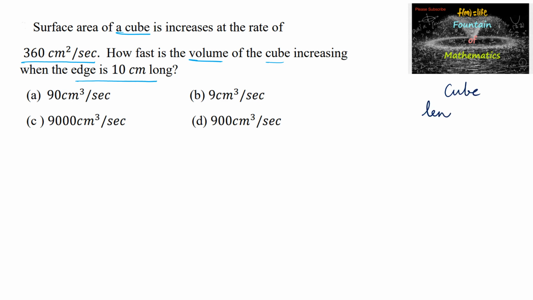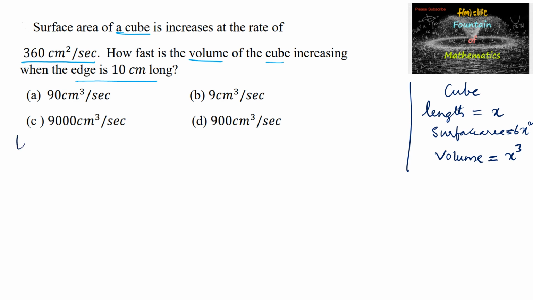When the length of a side is given as x, its surface area is equal to 6 times x square and its volume is equal to x power 3 cubic units. Let x be the length of an edge of the cube.